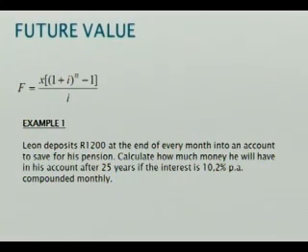He's saving for something. So because he's saving for something, it is a future value. So you immediately know, get my future value formula from my formula sheet. Calculate how much money he will have in his account after 25 years if the interest is 10.2% per annum compounded monthly.